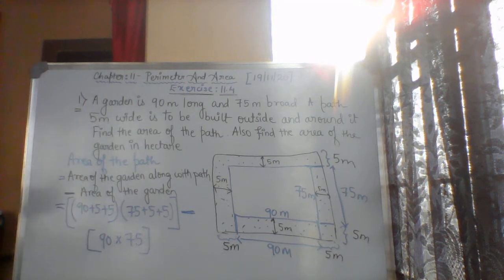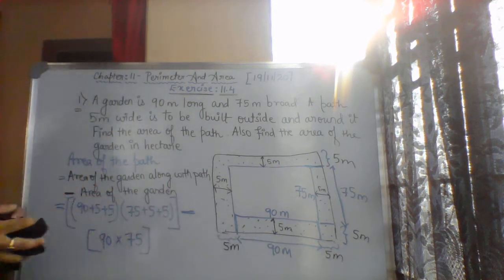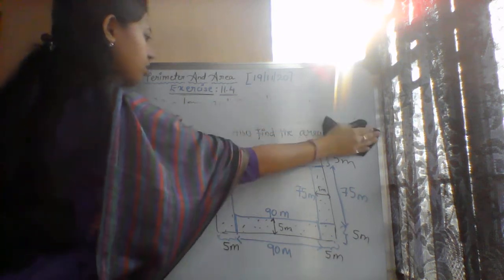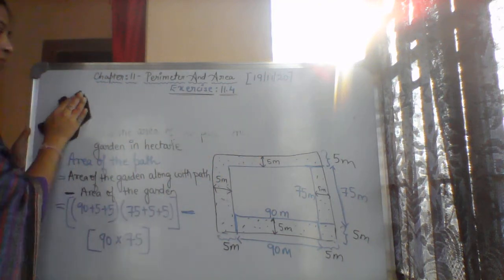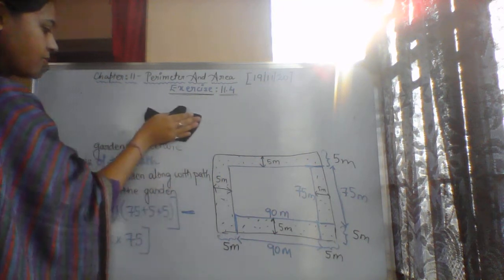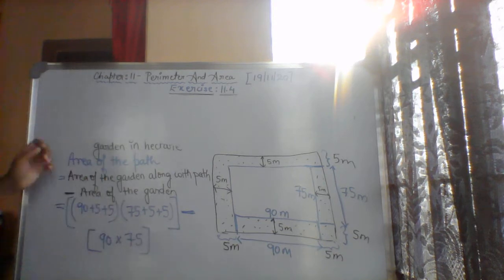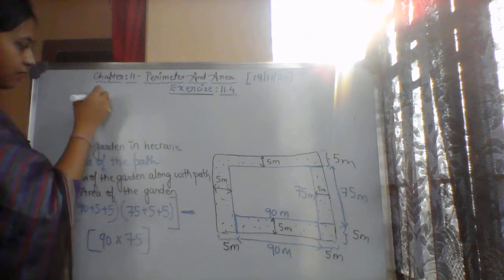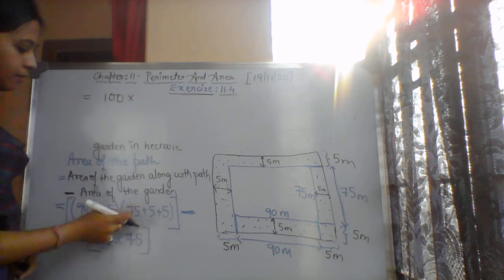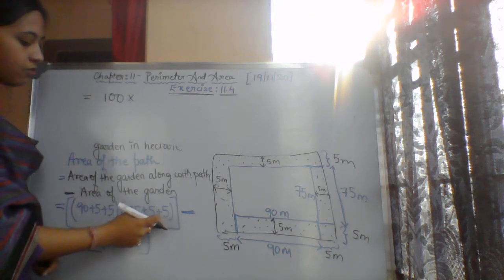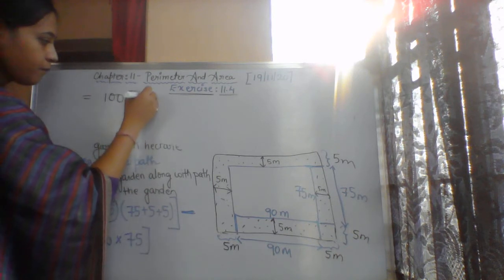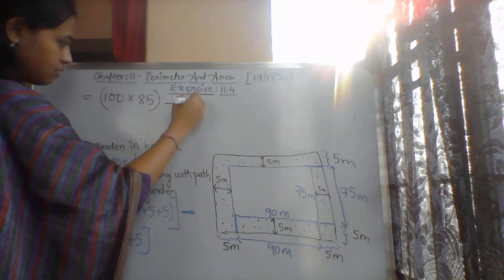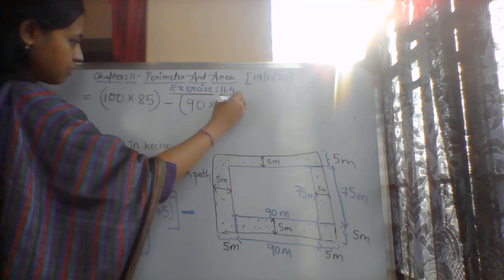So now you need to calculate that part. How much will that come? I am raising the question. 90 plus 5 plus 5, 100, multiplied by 75 plus 5 plus 5, 85, this much minus 90 into 75.